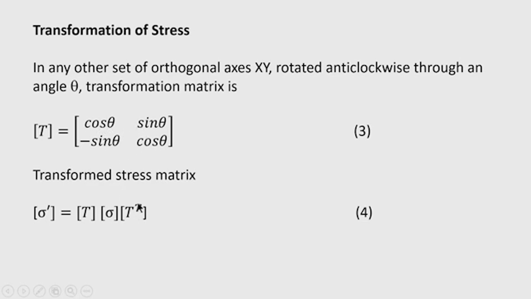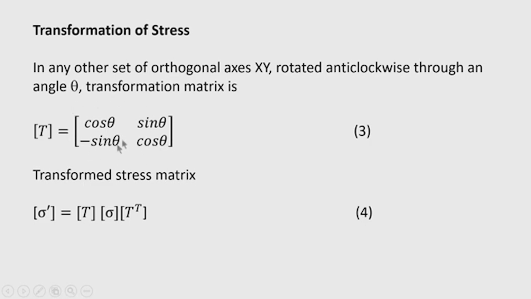The superscript T denotes the transpose of this matrix, which can be written as cos theta, minus sin theta, sin theta, cos theta.